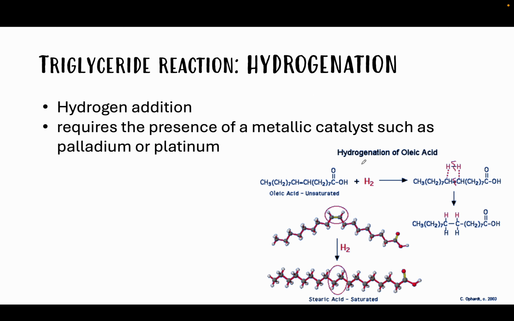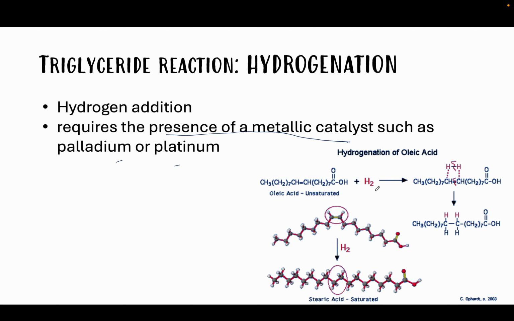Now, there are different reactions which triglycerides undergo. One of them is hydrogenation. As the name implies, you're adding hydrogen, so you increase the number of hydrogens present in that fatty acid. It requires the presence of a metallic catalyst such as palladium or platinum.